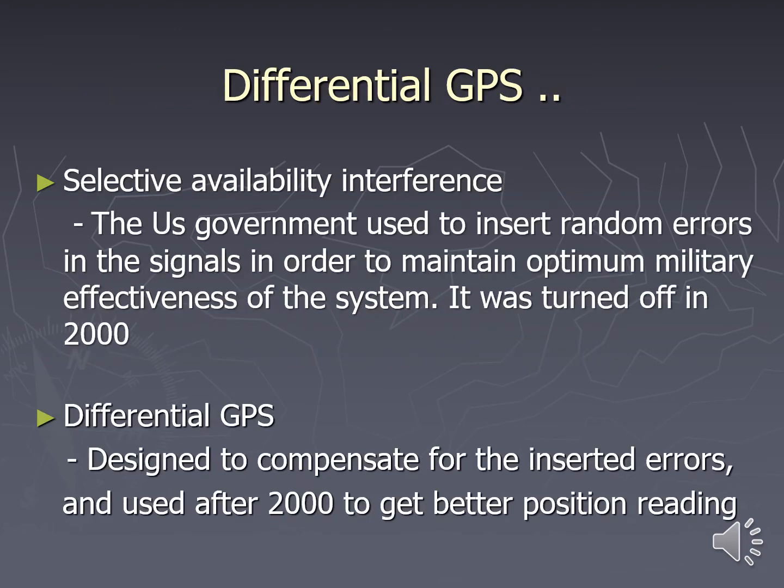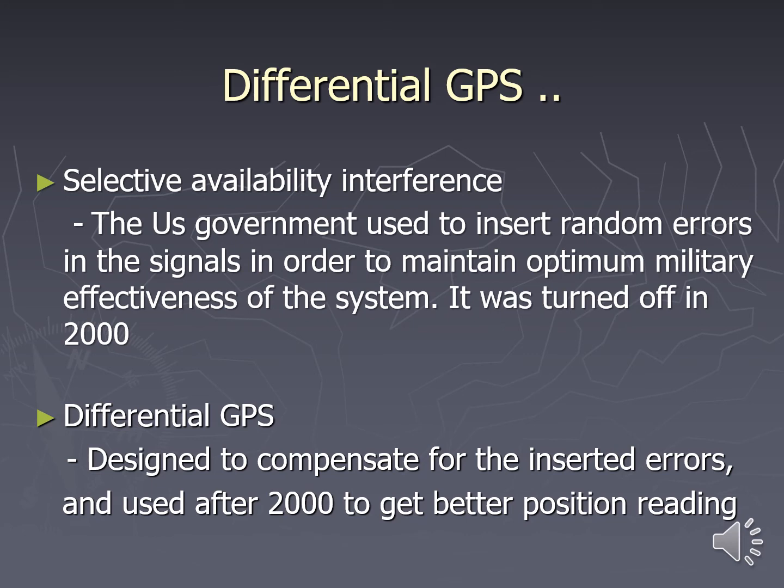So the U.S. government, oh, I have it wrong, 2000, but that is still Bill Clinton. The U.S. government used to insert random errors in the signals in order to maintain optimum military effectiveness of the system. So just like I said, there was a concern about the enemy using our GPS systems. There was probably never really a name to the enemy. I would imagine prior to the early 90s, that would have been the Soviet Union, but prior to the collapse of the Soviet Union, I would find it hard-pressed for them to actually name someone using our GPS systems.